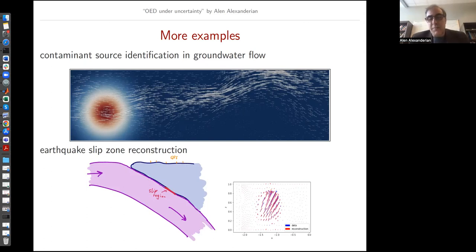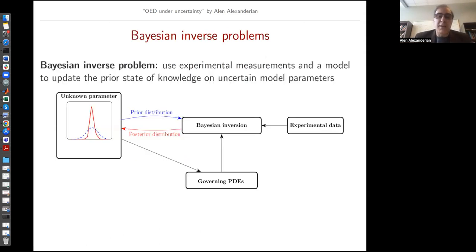So we have some PDE model, and then we have some parameter field that we want to estimate in all these inverse problems. Now, I consider the Bayesian framework, where we suppose we have some unknown uncertain parameters. We have some prior beliefs, and we model that by a statistical distribution.